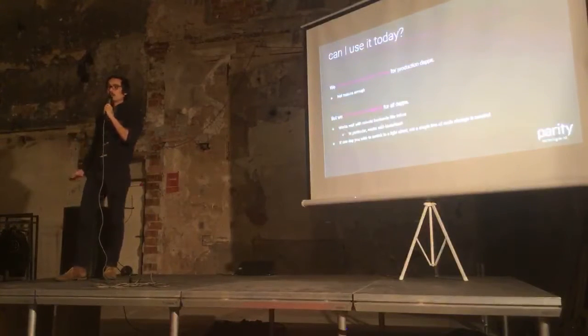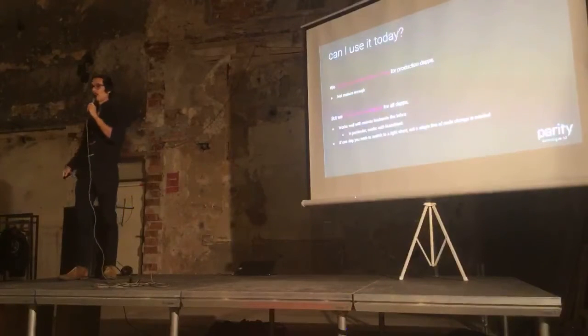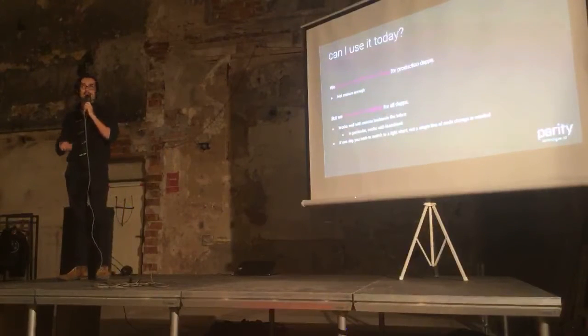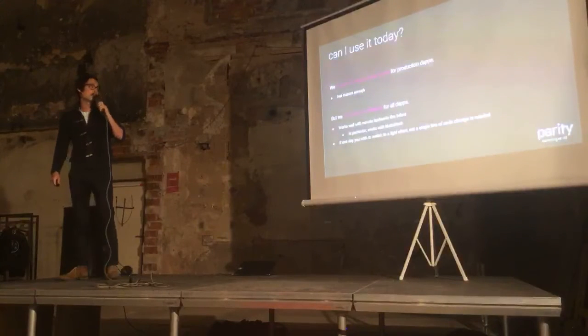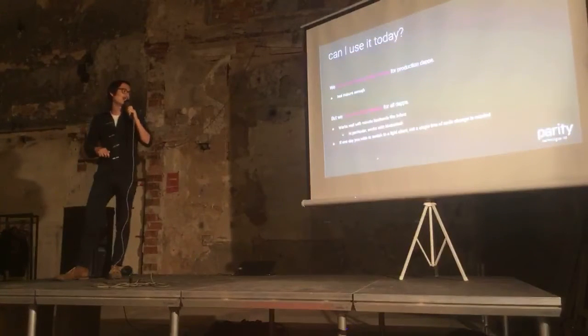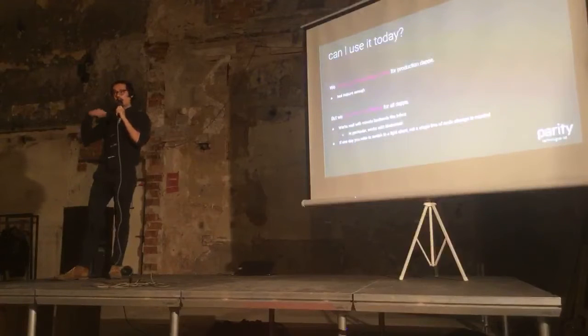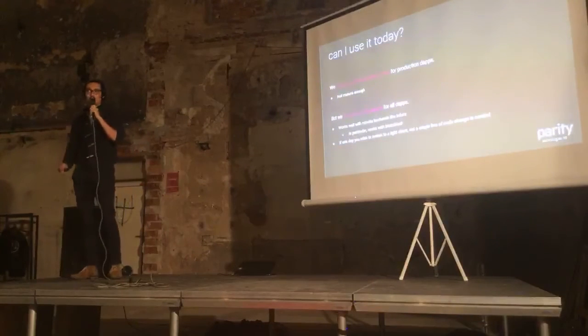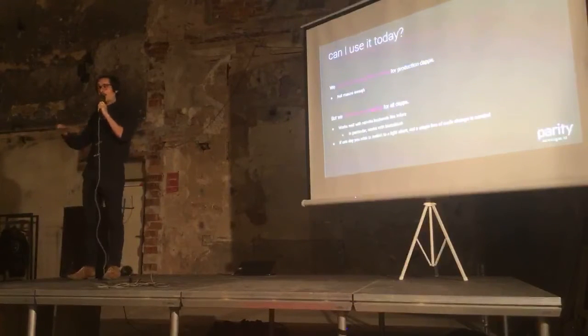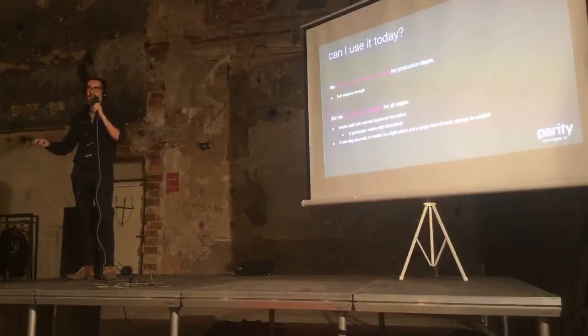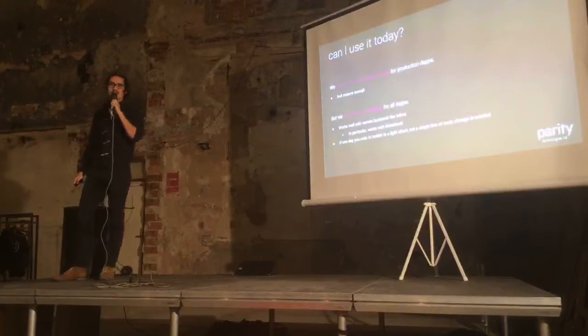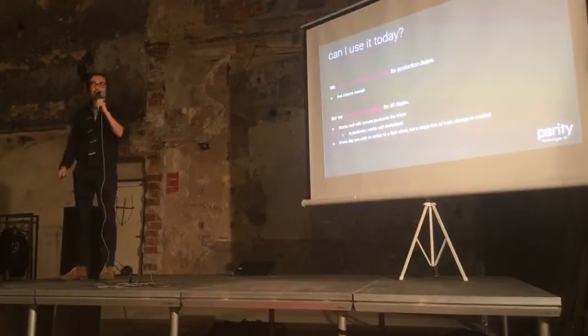So if you want to try today, just download it, create a dApp, plug it in, and you can interact with the Ethereum network via Light.js. And the good thing is, if one day our vision of embedding Light.js everywhere works, then if you want to switch to a Light client, when they become more stable, you won't have to change a single line of code in your code base.